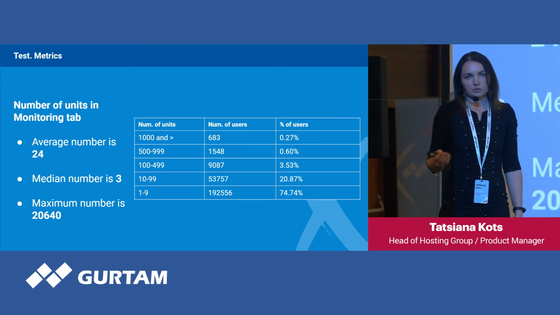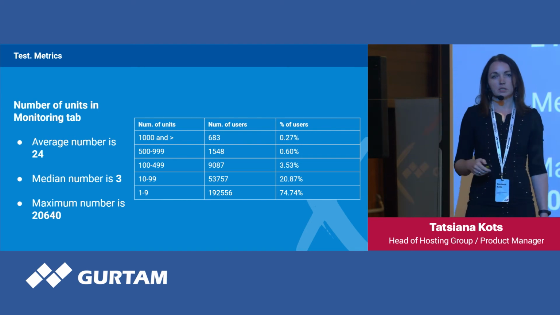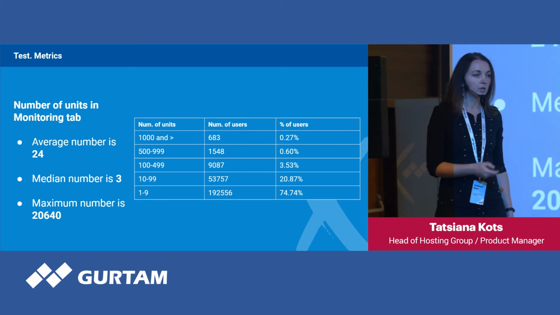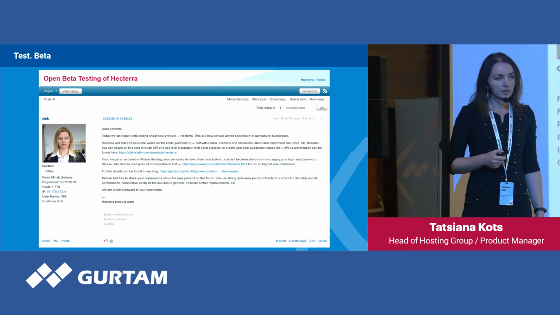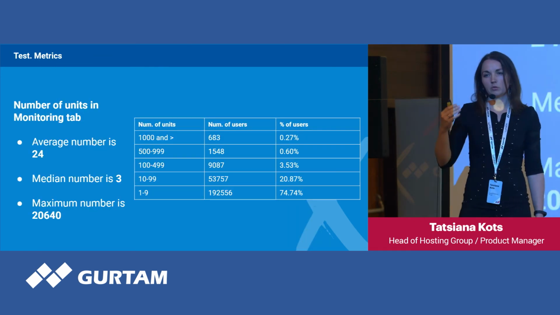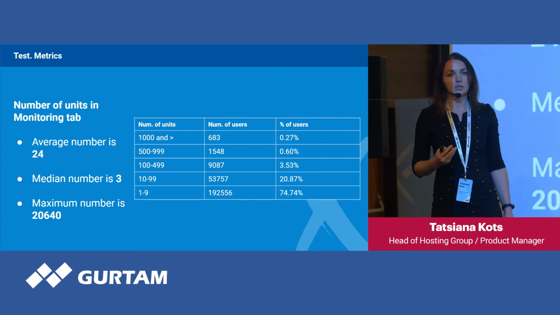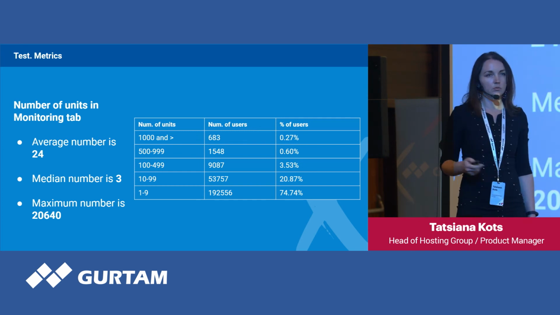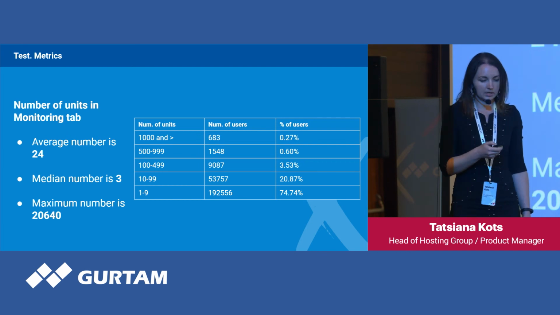The absolute metric for VLAN is the number of units, but for some tasks we have other metrics that show the results of the task. And this was an example about a monitoring panel and the number of units there. So we see that the median number is 3, which is the most common case for our users, and we should pay more attention to this case.